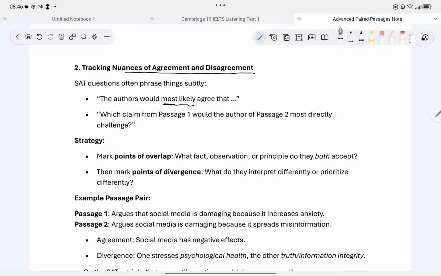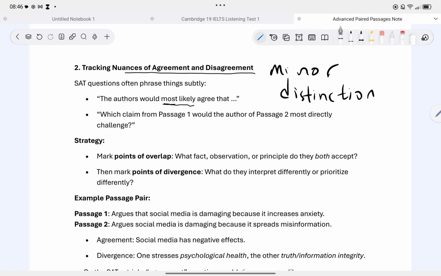Now, the first thing you want to do, by the way, nuances just means a minor distinction. So, how can you track minor distinctions?